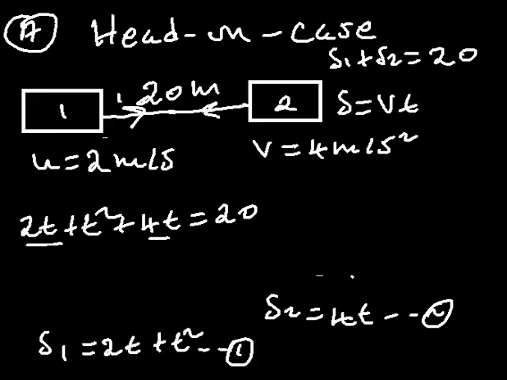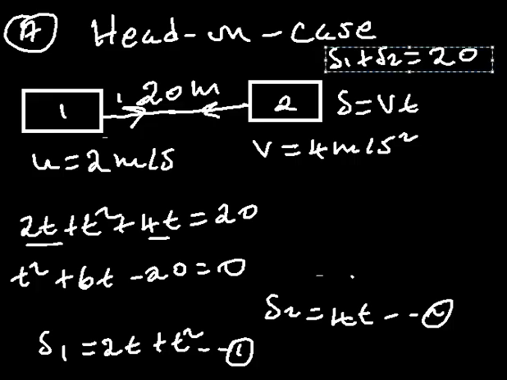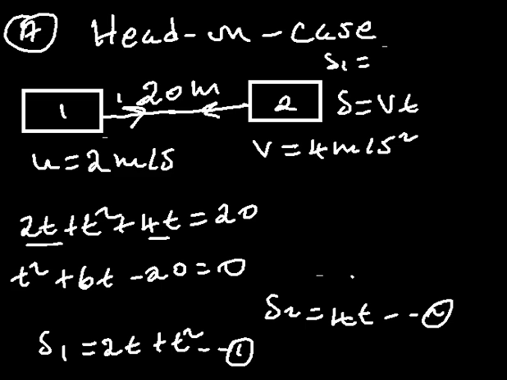Now since these are like terms, we have t square plus 6t minus 20 is equal to 0. Now what we have is a quadratic equation, of which let me keep the equations S1 as well as S2 somewhere. So we have S1, which is 2t plus t square, and S2 has to be kept at the same point. We have it as 4t.